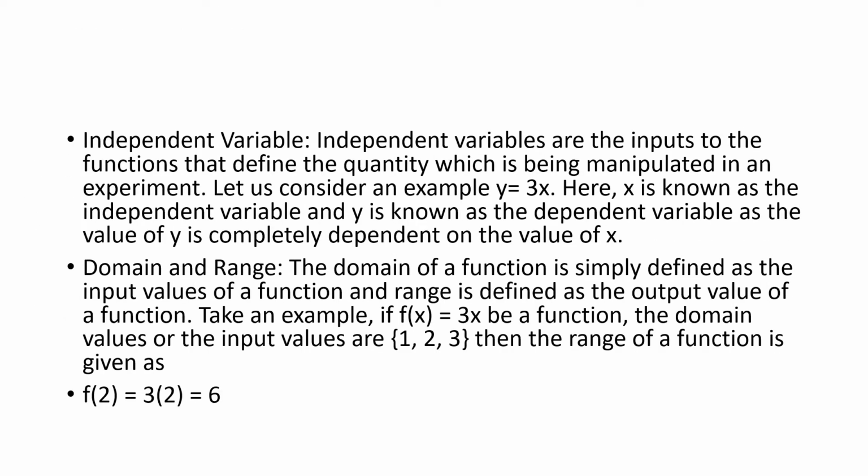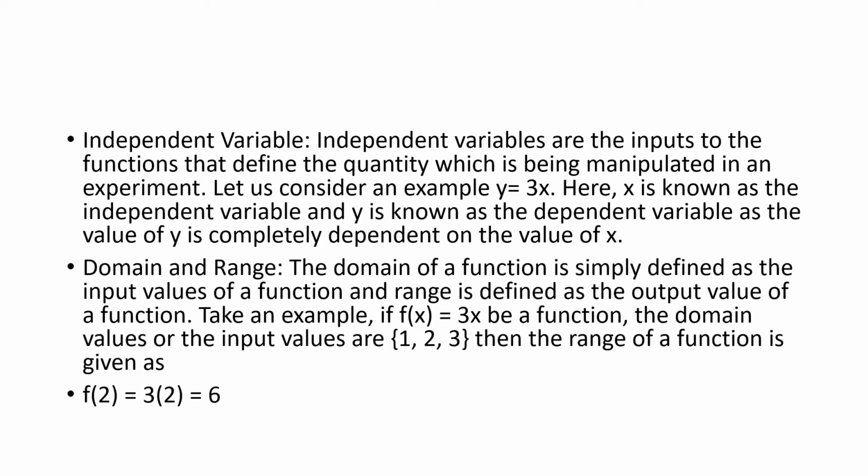Having discussed the meaning of dependent variable, let's understand the other side of the coin, that is the independent variable. Independent variables are variables which can stand as they are. They are actually not depending on any other terms. These are inputs to the functions that define the quantity which is being manipulated in an experiment.